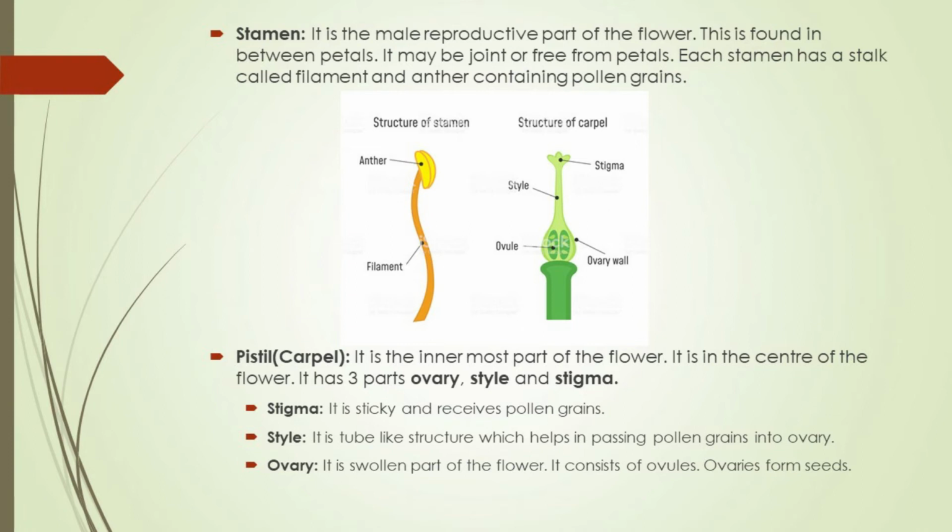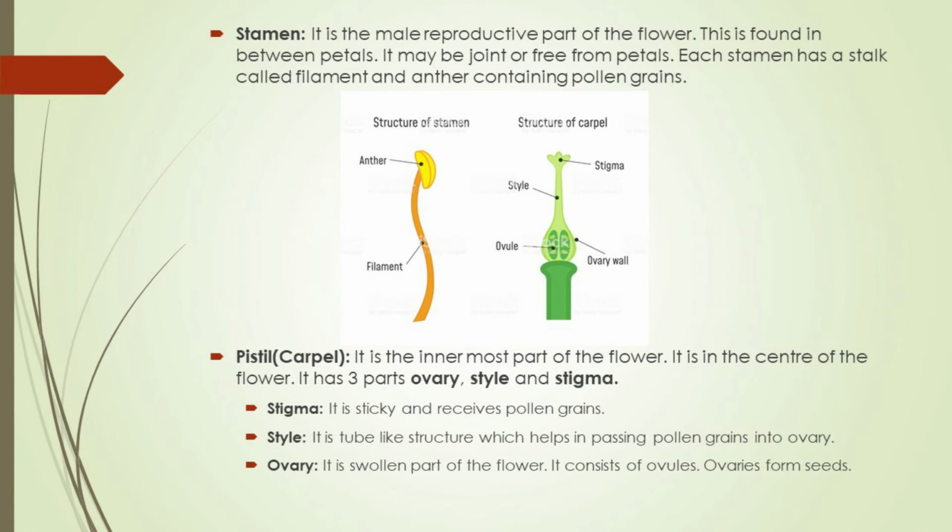Now, the next is pistil. Pistil is the female part of the flower. It is the innermost part of the flower. It is in the center of a flower and it has three parts, that is ovary, style and stigma. Stigma receives the pollen grains from the anther. These pollen grains are carried to the ovary through the style.